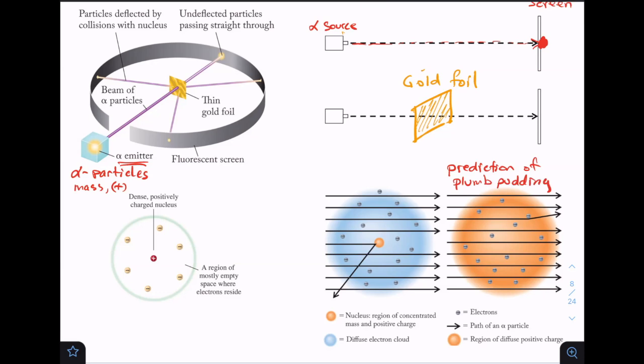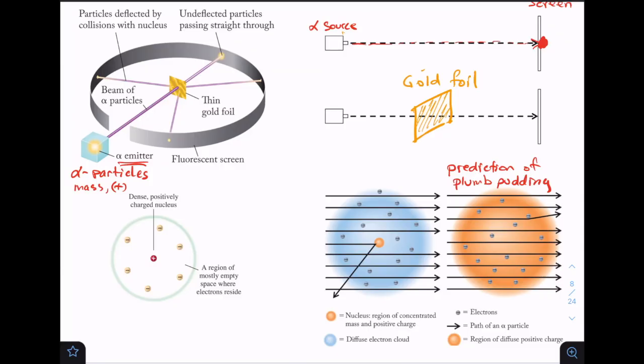They're expecting that, so each black arrow now is one of these massive positively charged alpha particles shooting through the gold foil. When it goes through an actual gold atom, because of the plum pudding model, they're expecting most of them to just go straight through because the positive charge isn't really encountering a negatively charged electron there.